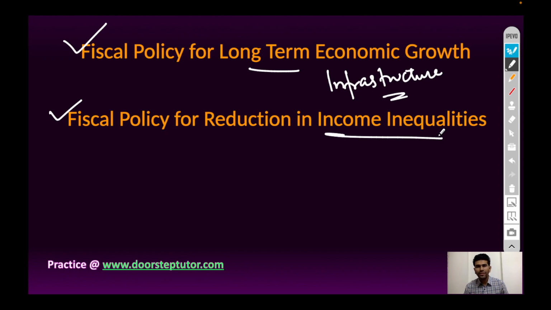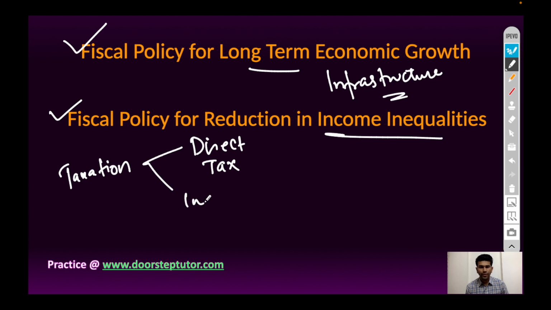Income inequalities can be reduced by way of taxation. As we know, there are two types of taxes, direct tax and indirect tax. Direct tax means income tax and indirect tax is the same as GST.